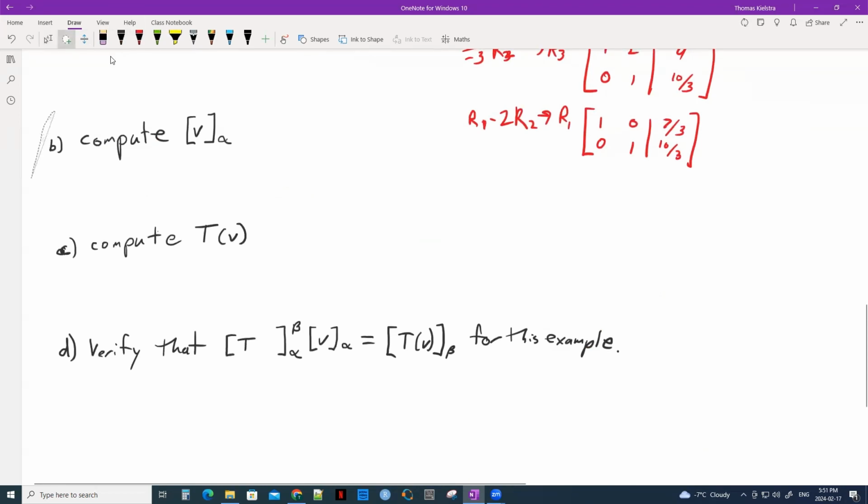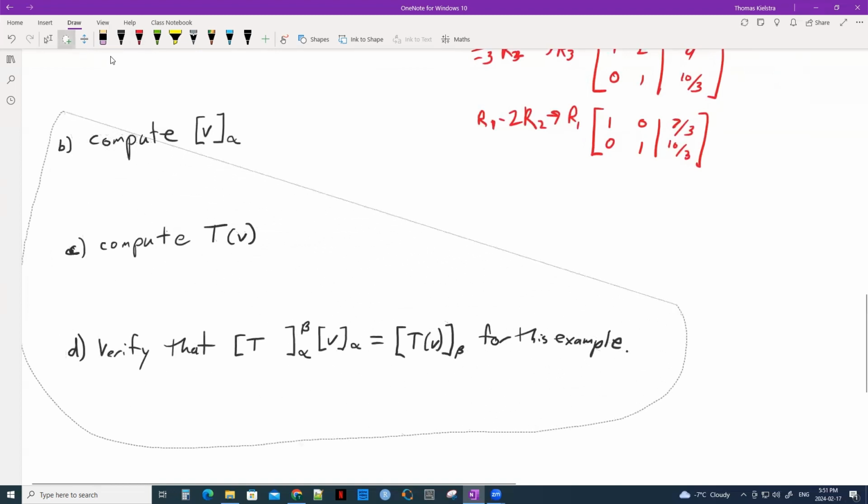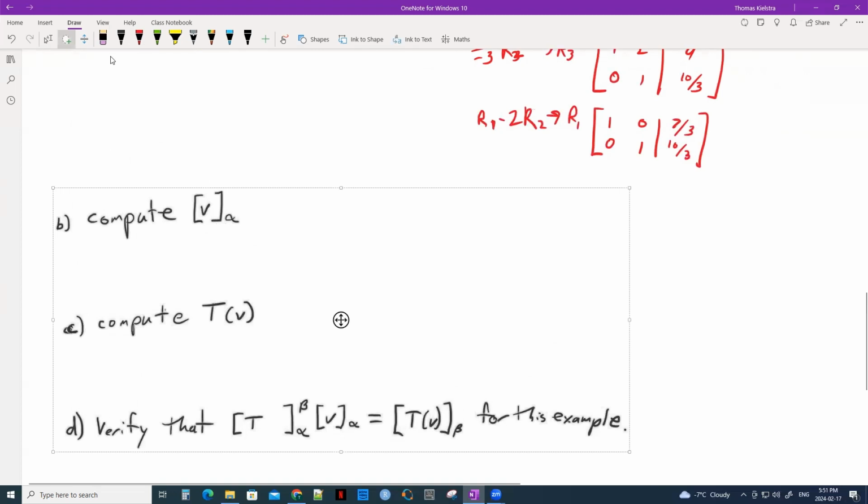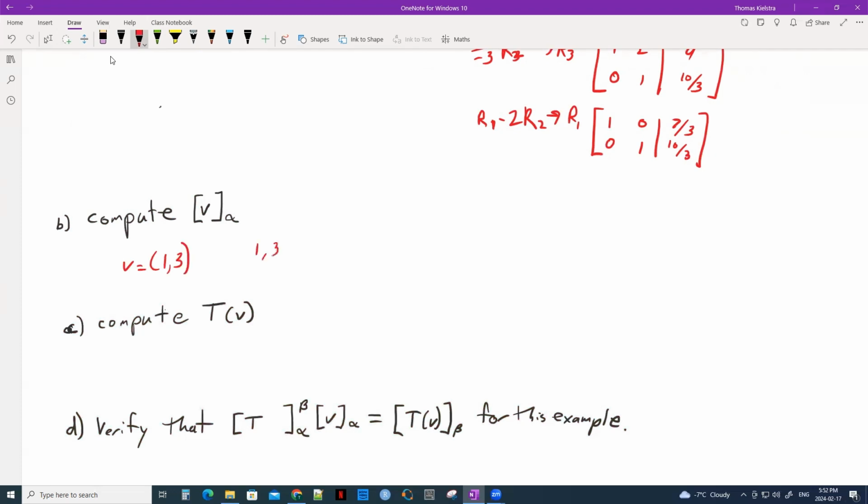Now what we're going to do is compute what V of alpha is. Our V, remember, is (1, 3). And we want to know what (1, 3) equals in terms of A(1, 1) plus B(1, 2).